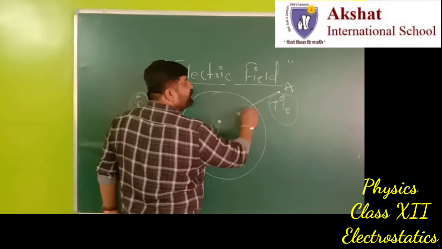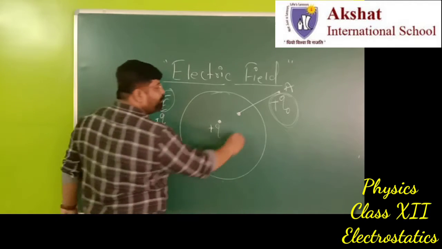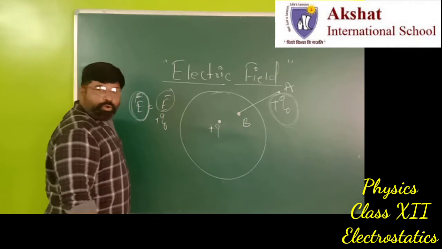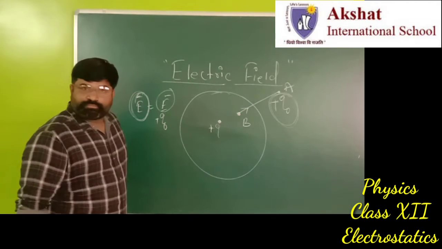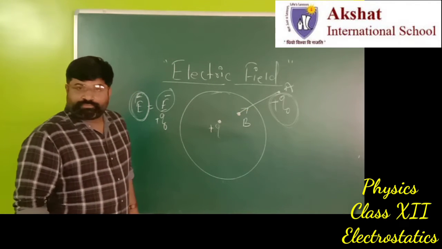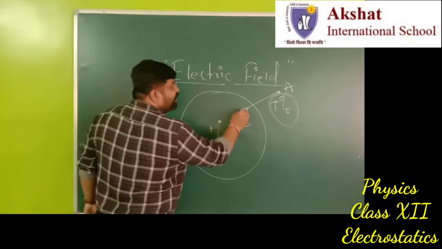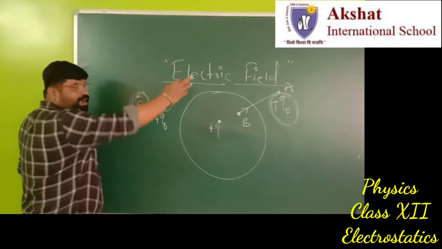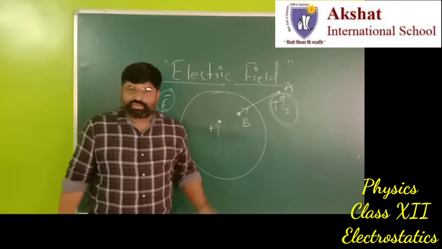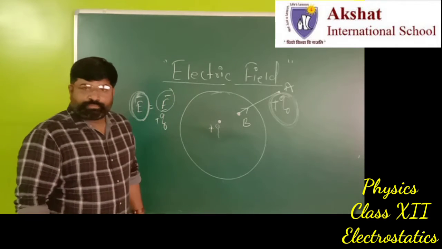The force experienced by the test charge at point B will be a repulsive force, that is, away from the charge. So the direction of the electric field at point B will be away from the charge. That is the direction of the electrostatic force.